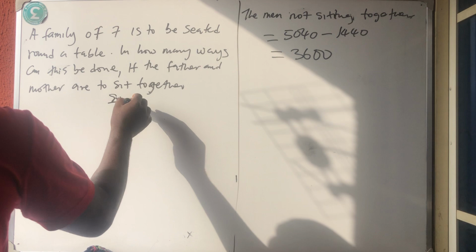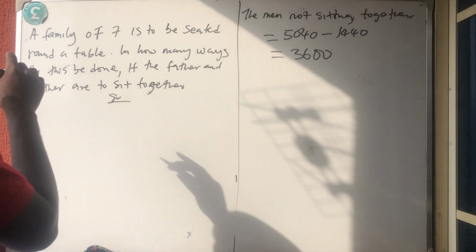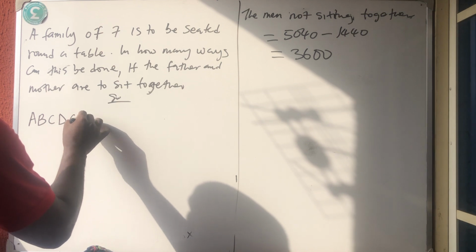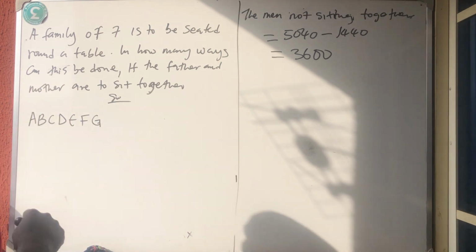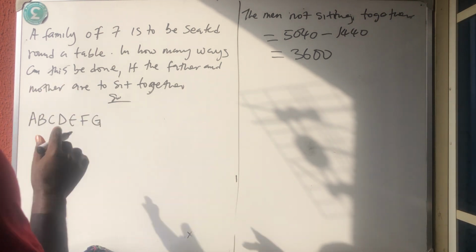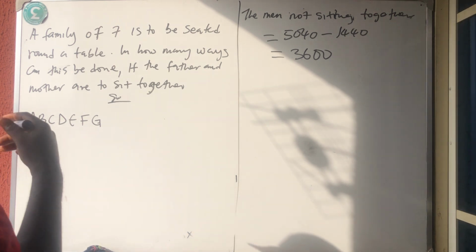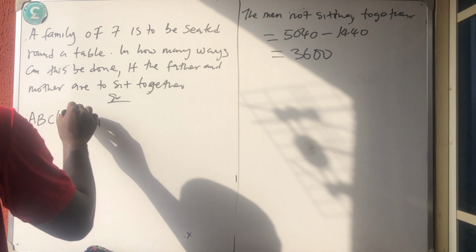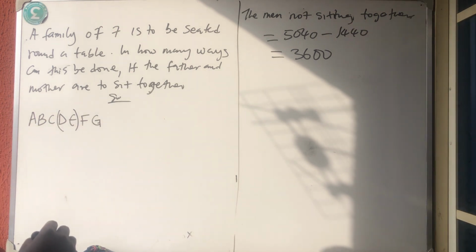That's the solution. Now represent it with alphabets. I have the 7 family members: A, B, C, D, E, F, G. We just need that the father and mother be this one, sitting together.